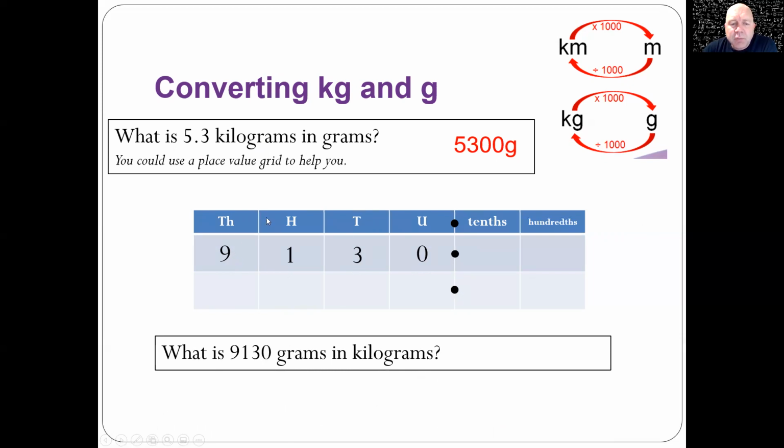So the 9 is going to move 1, 2, 3, and end up in the units or ones column. The 1 is going to go 1, 2, 3 into the tenths column. The 3 will go 1, 2, 3 into the hundredths column. And the 0 will actually go into the thousandths column, but it doesn't affect the number, so we can leave it off. 9.13 kilograms is the same as 9,130 grams.